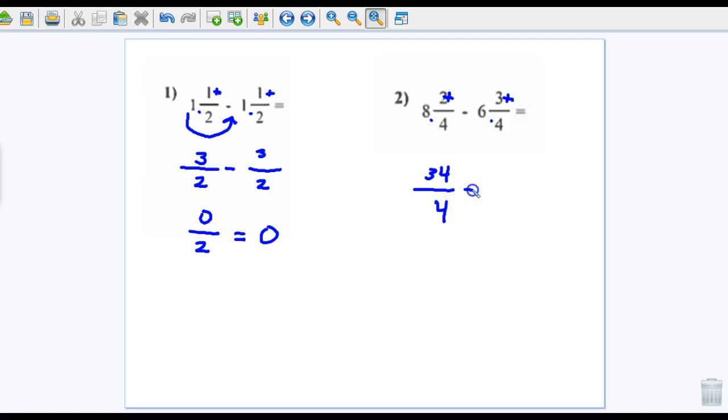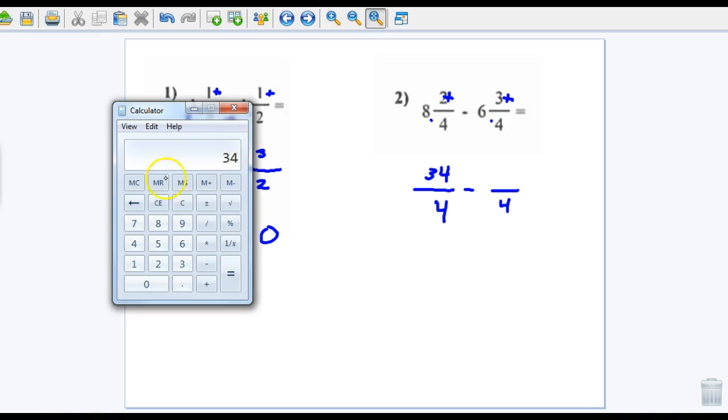I'm also subtracting. So 6 times 4, remember, it's going to be over 4. Let's bring out our calculator again. Let's clear this. I'm going to do 6 times 4, and I'm going to add 3. 27.